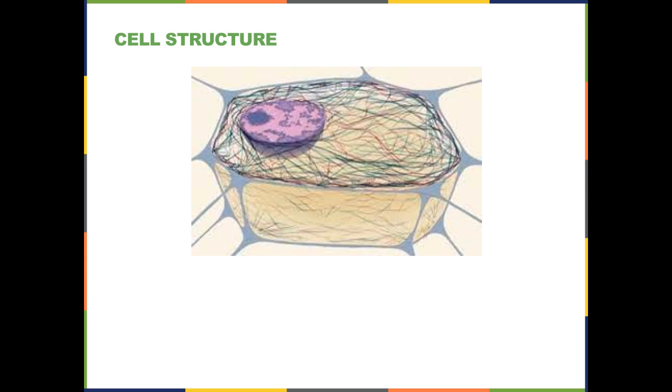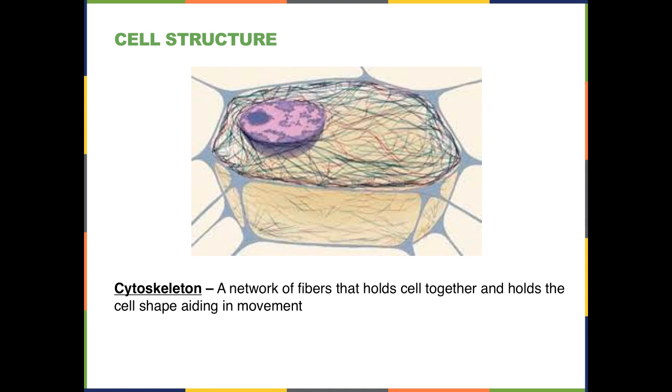Now our last diagram is shown here, shows the microscopic cellular skeletal structure, if you will. And this shows this sort of girder-like structure known as the cytoskeleton. This is a network of fibers that holds the cell together, giving the cell its shape, and allows for the movement of materials throughout the cell.